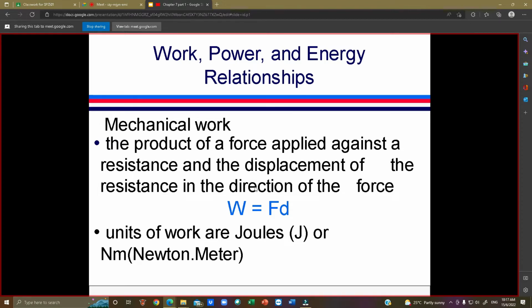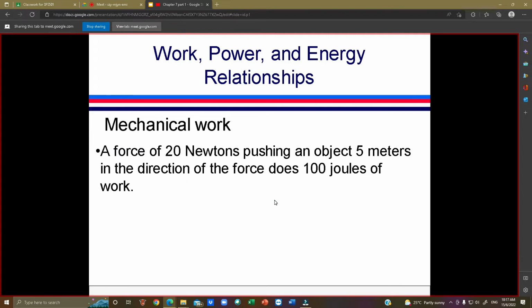So unit for work is joules ataupun Newton meter. Kenapa Newton meter? Because force is in Newton, distance is in meter. So you can either use Nm or you can use joules in order to explain about work. Means here, if the joules is larger, more work was being done. If the joules is lesser, means less work being done.